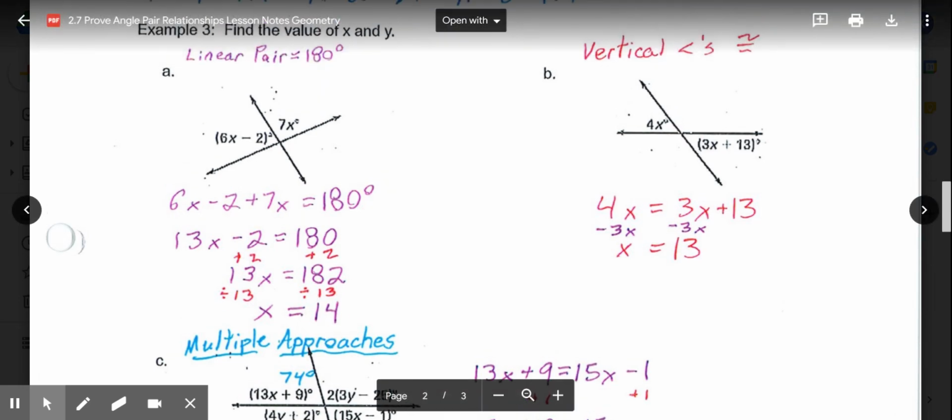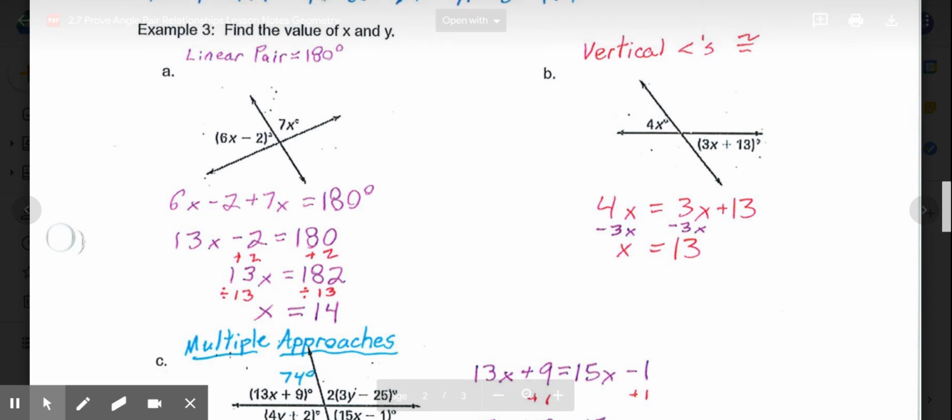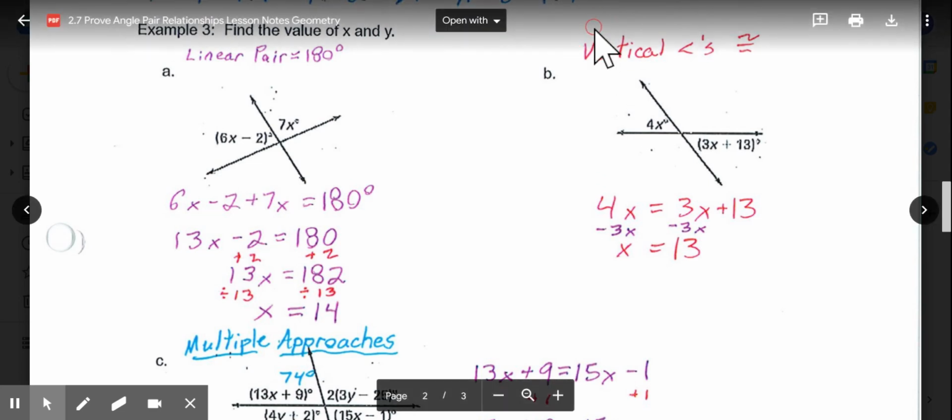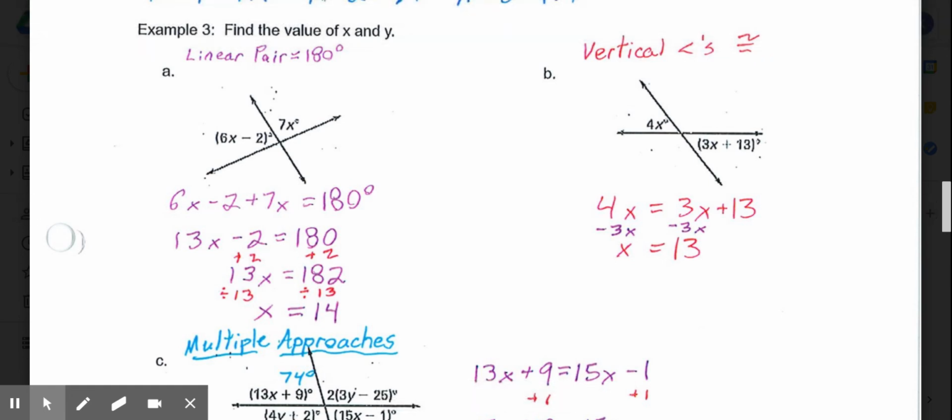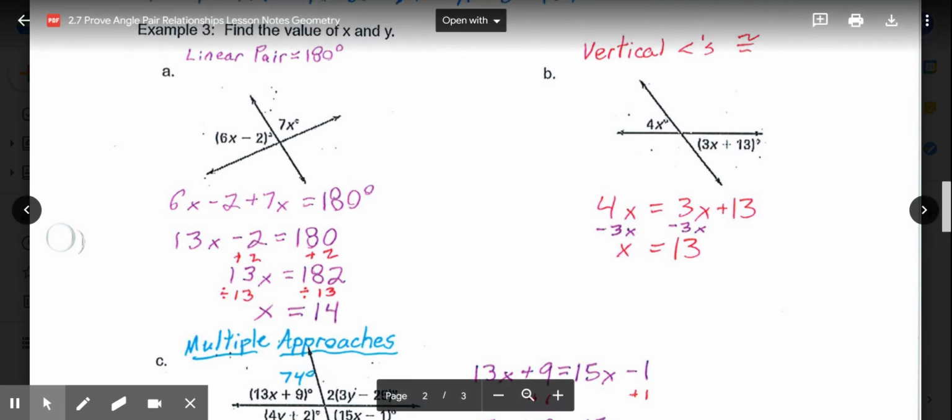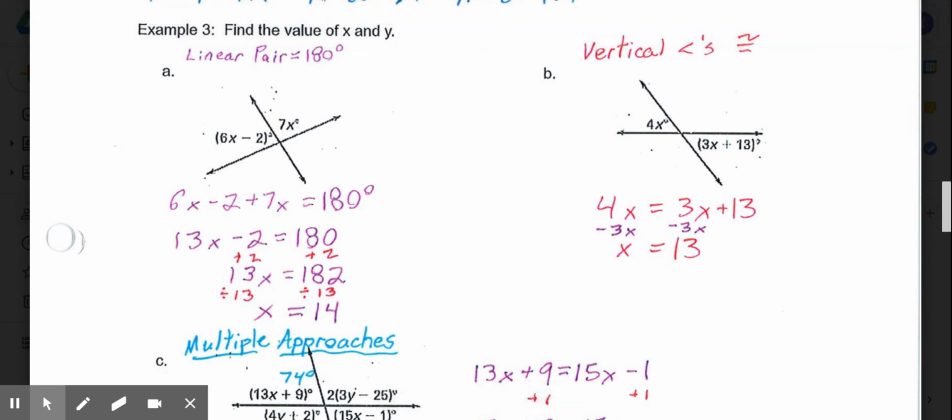In B, we were given a pair of vertical angles, so we know they are congruent, or equal to each other. So I'm going to set these two equal to each other and solve for x. So 4x equals 3x plus 13. Solve for x by subtracting 3x from each side, and x equals 13.